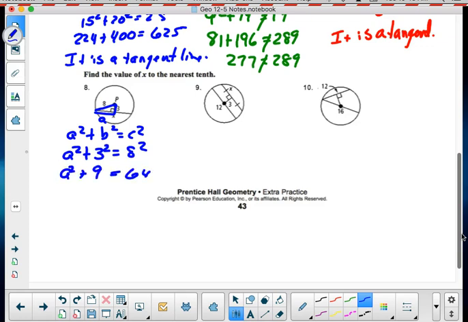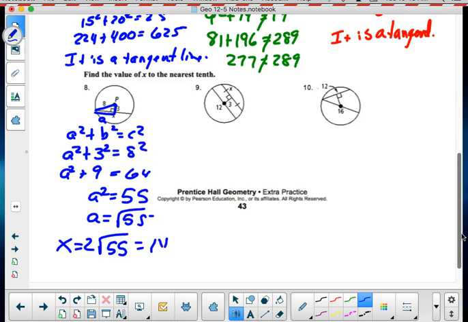It's a squared. And now I'm looking at this being 56. Well, 55, excuse me, a squared is equal to 55, and a is equal to the square root of 55, but that's only half of my value. So I'm really looking at x being equal to 2 times the square root of 55, which I put in my calculator is 14.8.